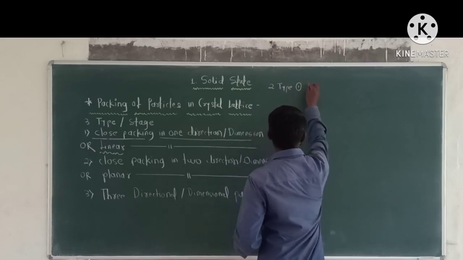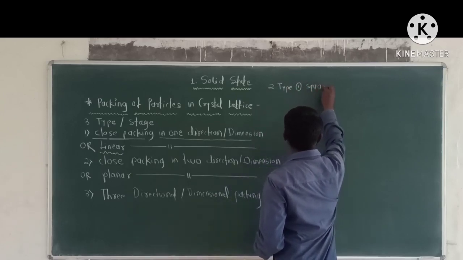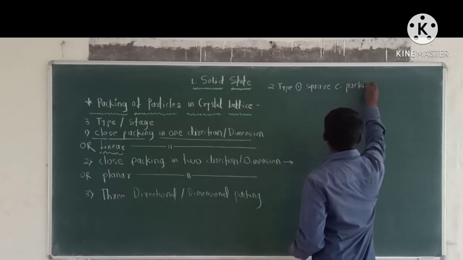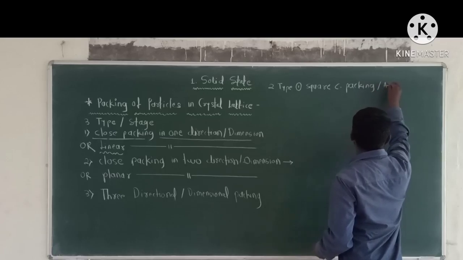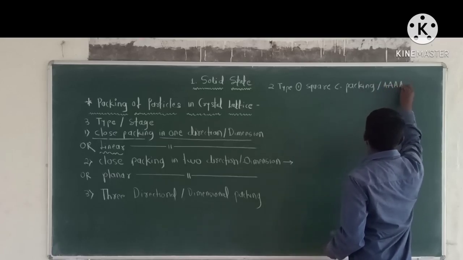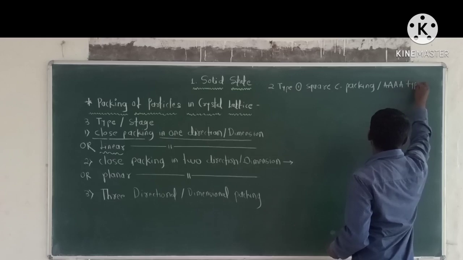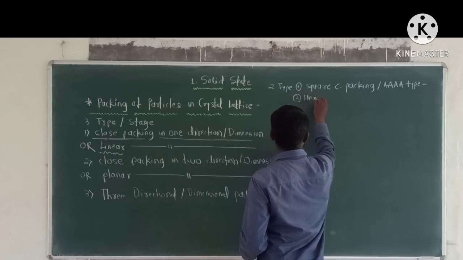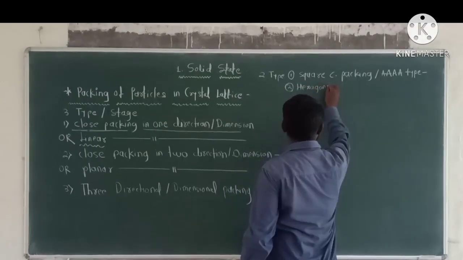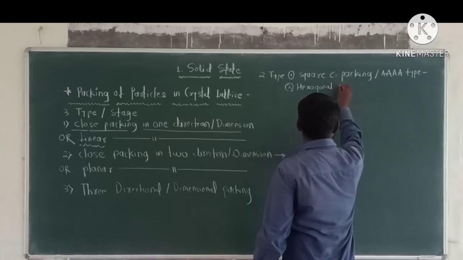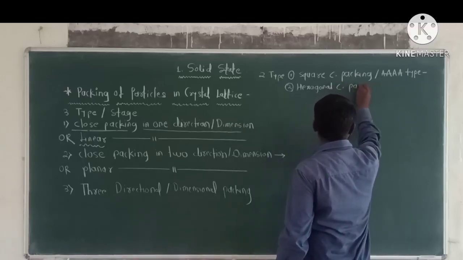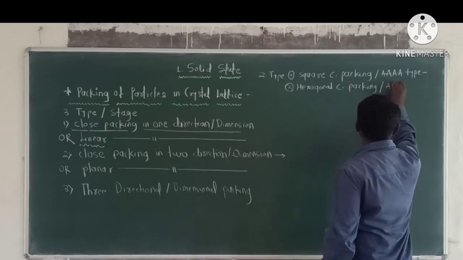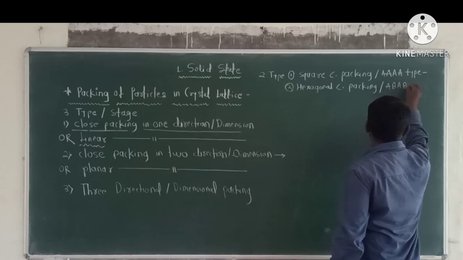First, square close packing, which is also called AA type. And second is hexagonal close packing, which is also called AB type.